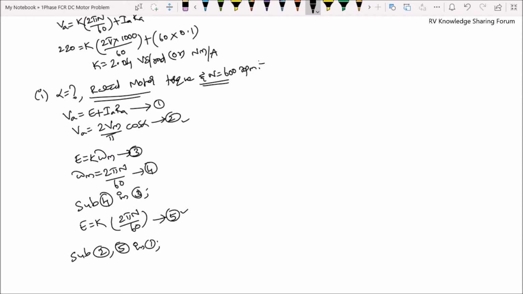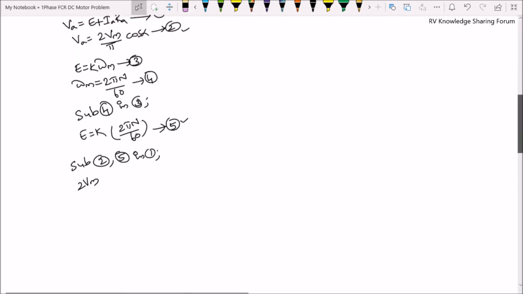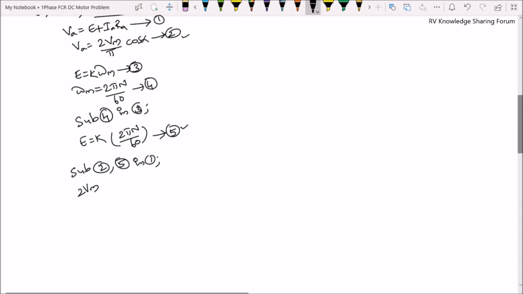So what will we get? 2 Vm by pi cos alpha is equal to, instead of E we have equation 5, which is K into 2 pi n by 60, plus IA RA.